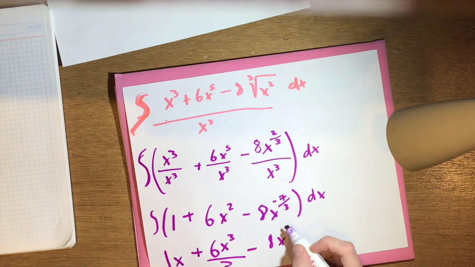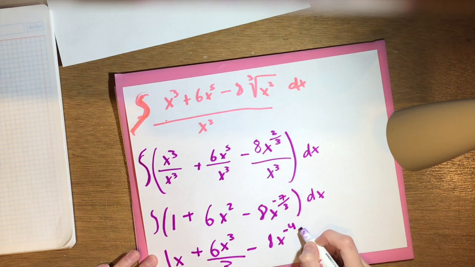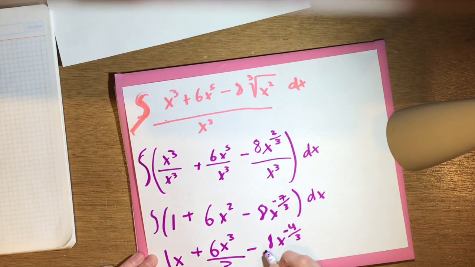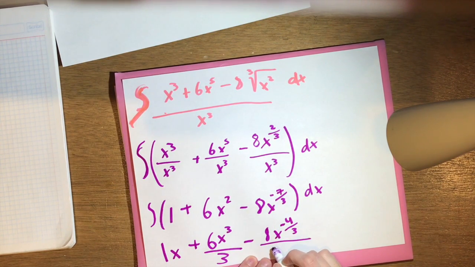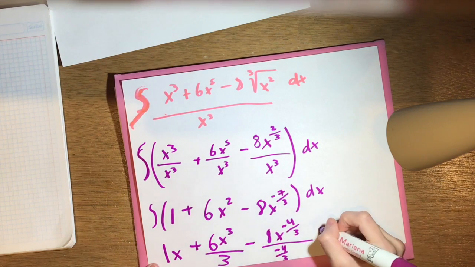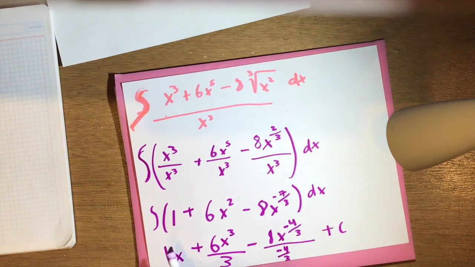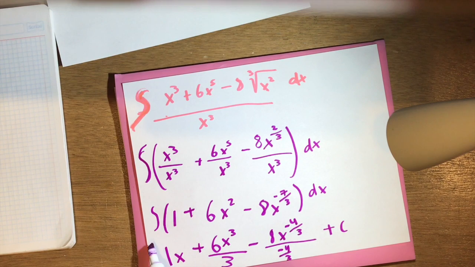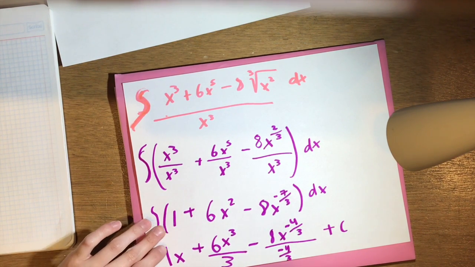So to this fraction we add 1, and this will be minus 4 over 3. And also the whole term will be divided by the same term. And since we are already antiderivating, we will need to add plus c. And we will no longer add the antiderivative sign since we are already antiderivating.